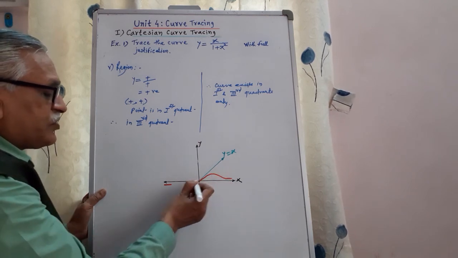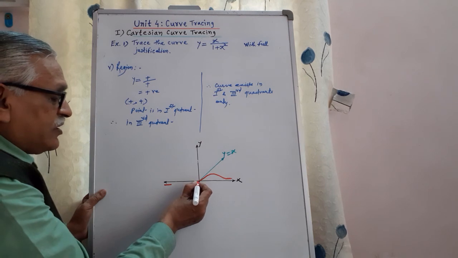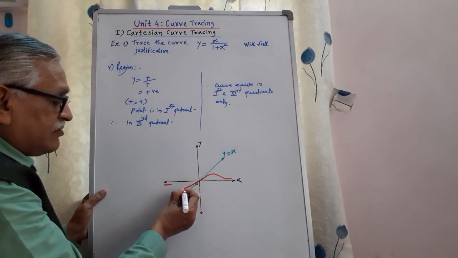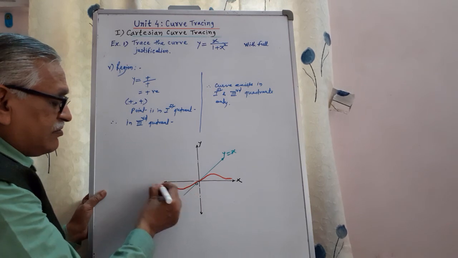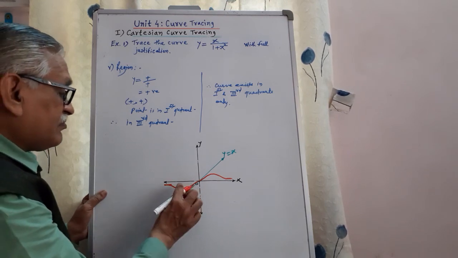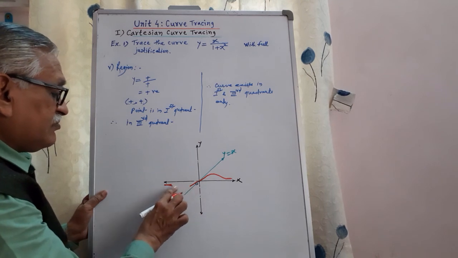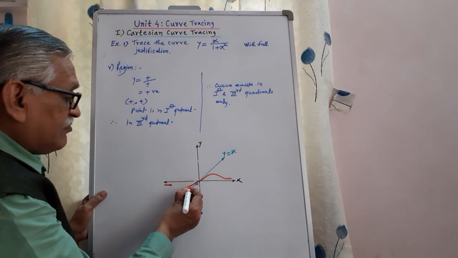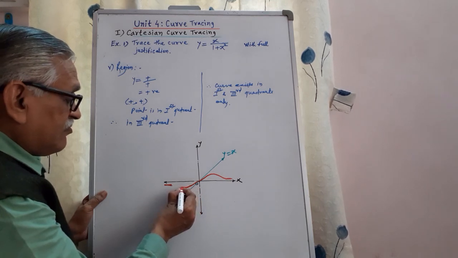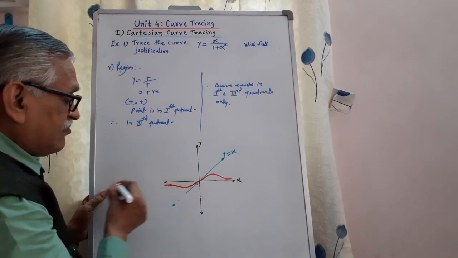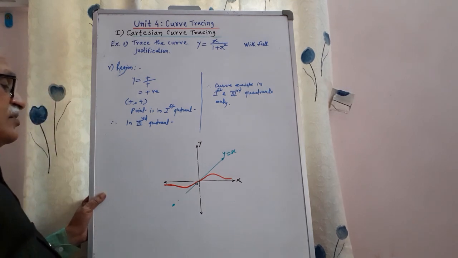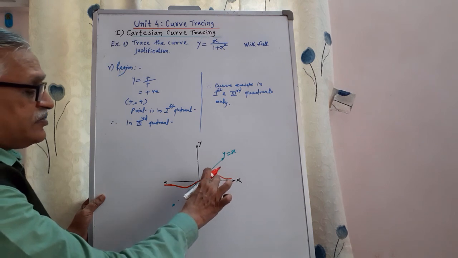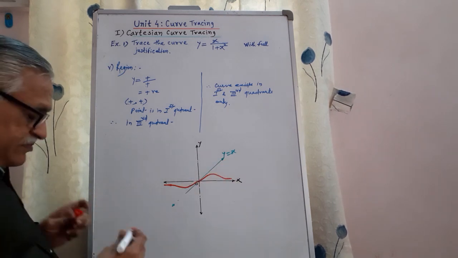Therefore, for this portion, I will draw a symmetrical part. Means curve exists in first and third quadrant.